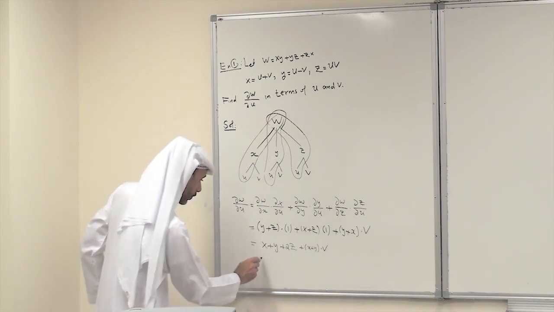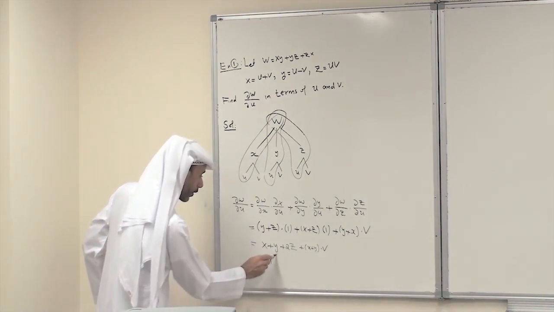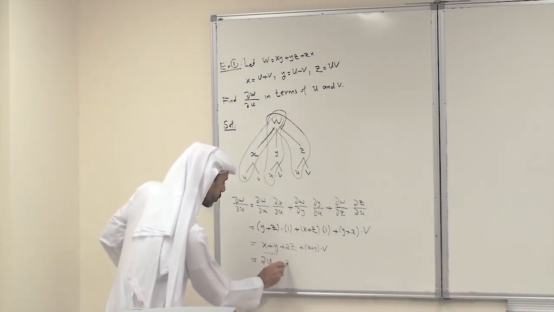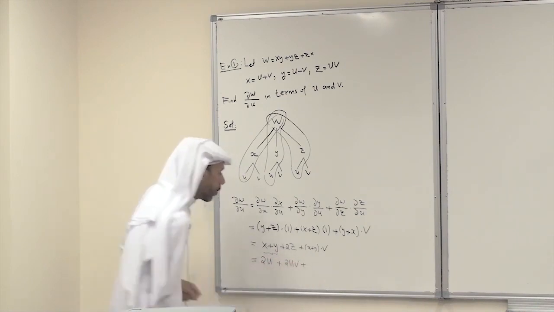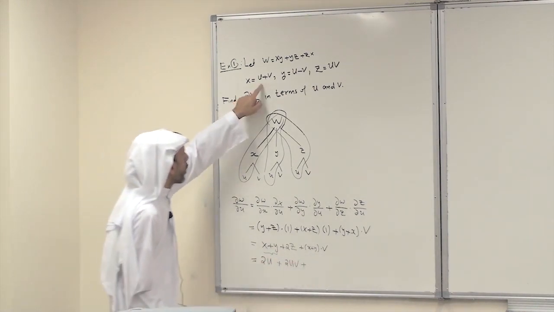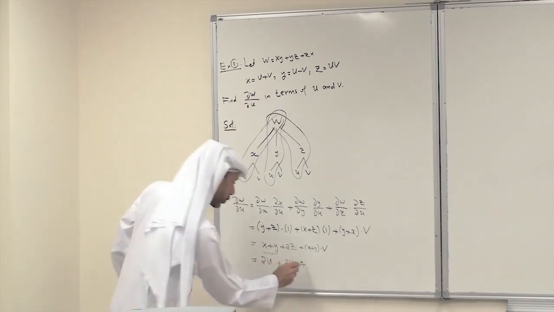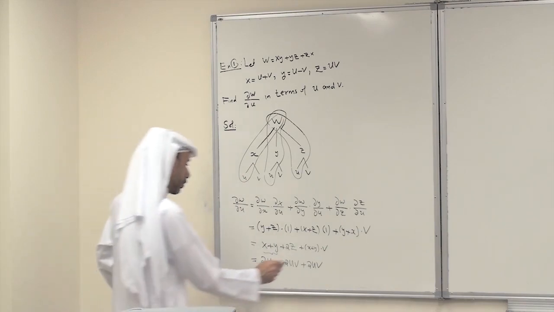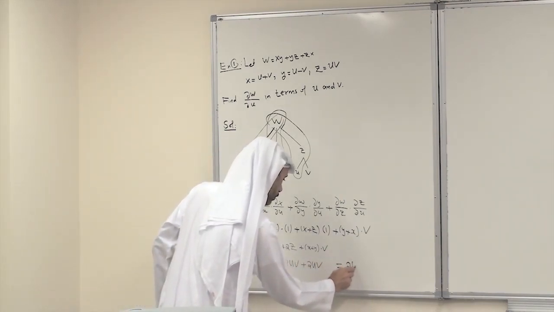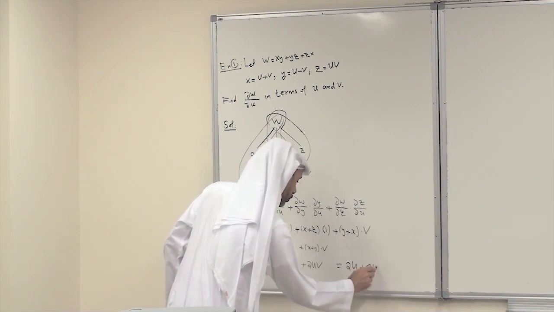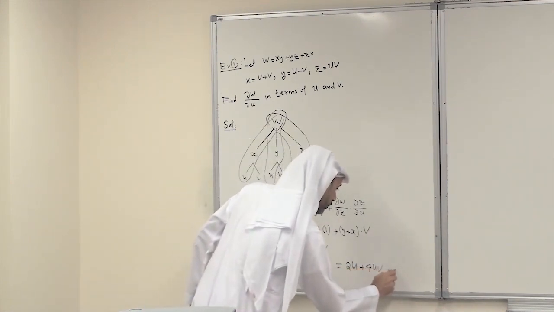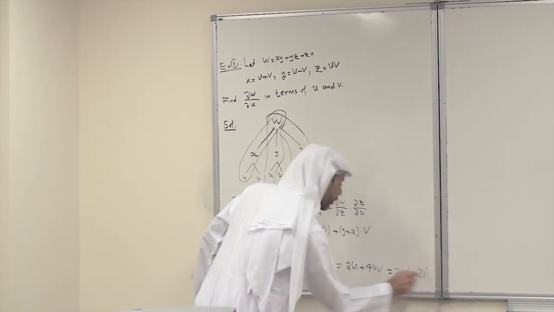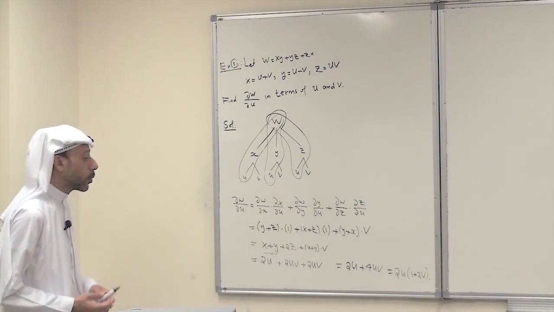Plus 2z, which is 2uv, plus x plus y, again 2u, times v. When you add, you get 2u plus 4uv, or if you want, this is just 2u times (1 plus 2v). So this is the answer in terms of u and v.